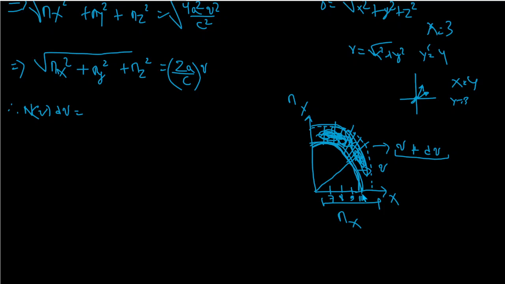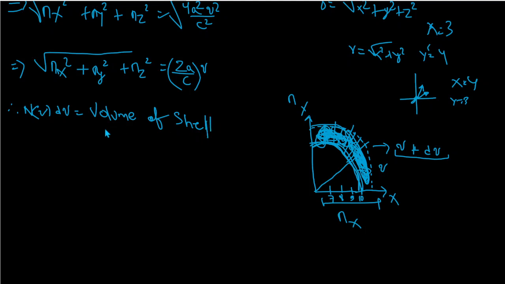So we are taking the first octant, not any other octant. In the first octant, you have to find the volume of this particular shell, and the volume of the shell corresponds to the number of standing waves in it.